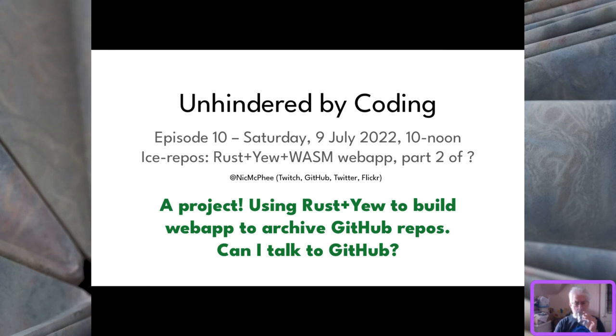So we'll be returning to the ice-repos project, using Rust and U to build a WebAssembly web app. The goal is to be able to batch archive a collection of repositories in an organization.